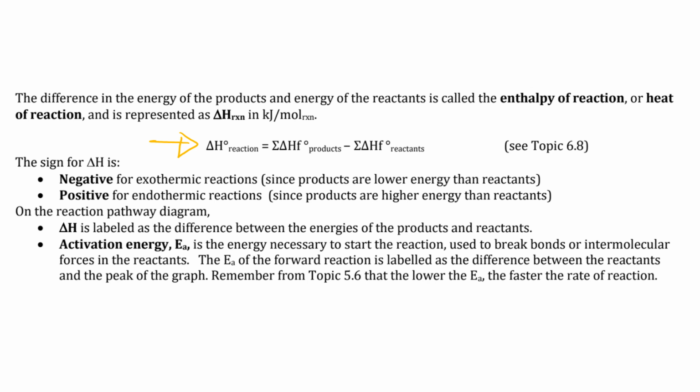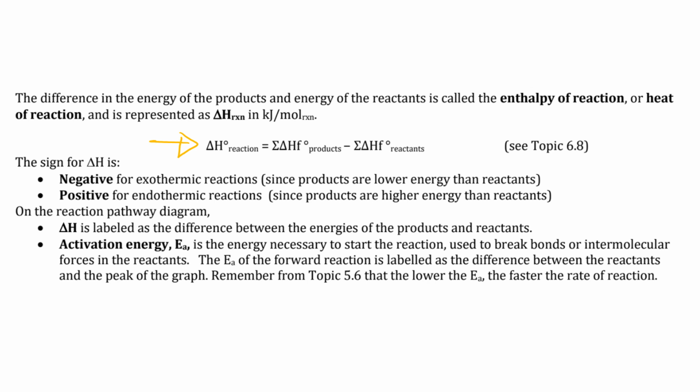So the sign for delta H: if it's negative delta H, it's an exothermic reaction since the products are lower than the reactants. If my delta H is positive, that means it's an endothermic reaction.